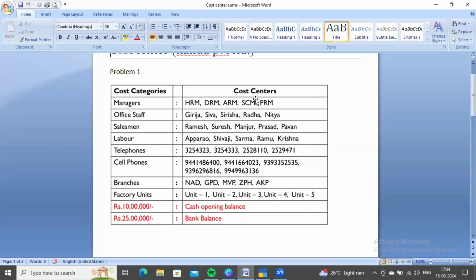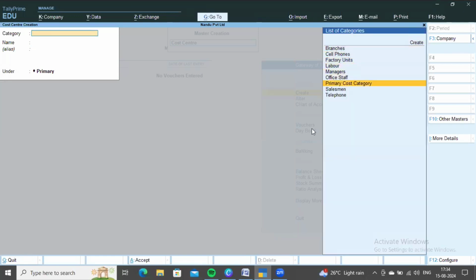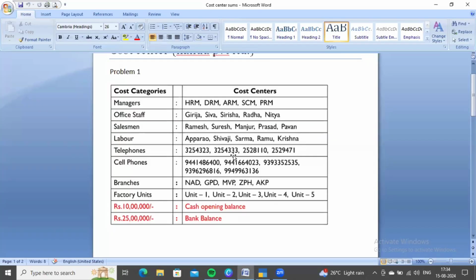And the next category is telephones. Enter each telephone number.